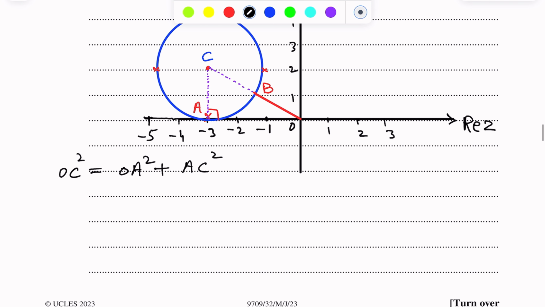Now putting the values, OA is 3 units and AC is the radius, that is 2.